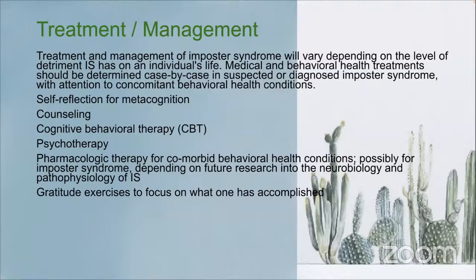There could also be potential future applications of pharmacological therapy for the treatment of imposter disorder, but this is still pending further research into the disorder's neurobiology and pathophysiology. The patient may also make use of gratitude exercises to shift focus towards personal achievements, because as my colleagues have mentioned earlier, people with IS lack the ability to internalize their achievements and success.